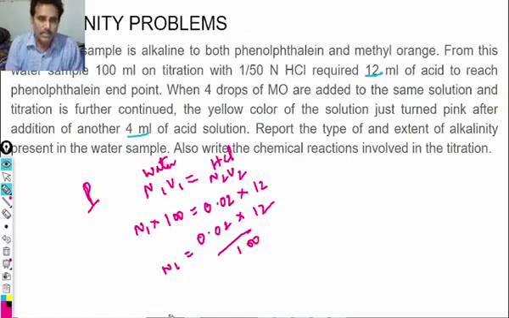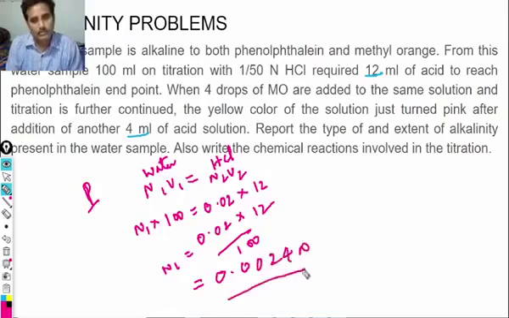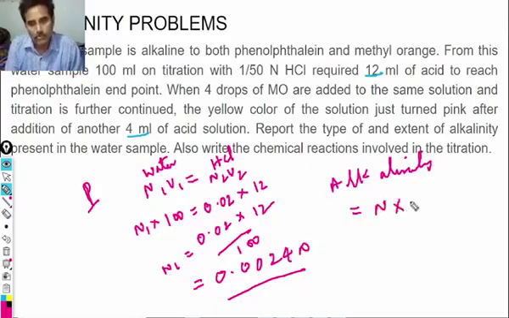So you are getting 0.0024 N. For the calculation, alkalinity equals normality into calcium carbonate equivalent weight. This will give grams per liter. When you multiply by 1000, it will give ppm.